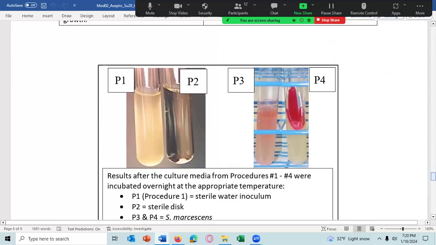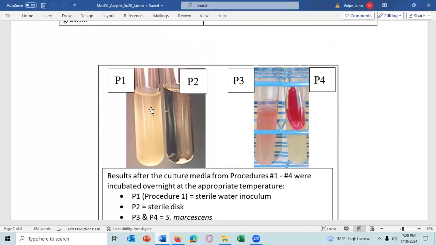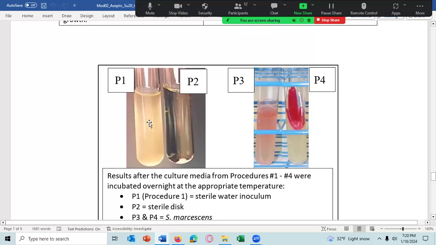All right, here's the tube of procedure 1. After transferring the sterile water into the media and then incubating the tube overnight at the appropriate temperature, which is either 30 or 35 degrees Celsius, whatever the lab said, there's a picture of it after incubation.